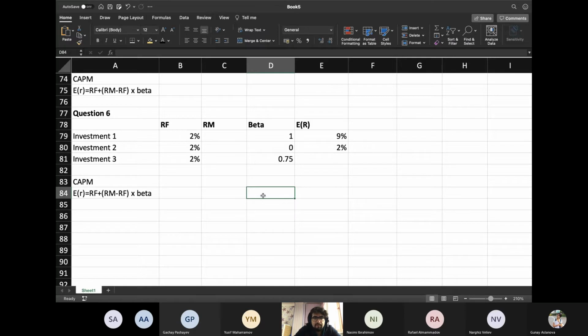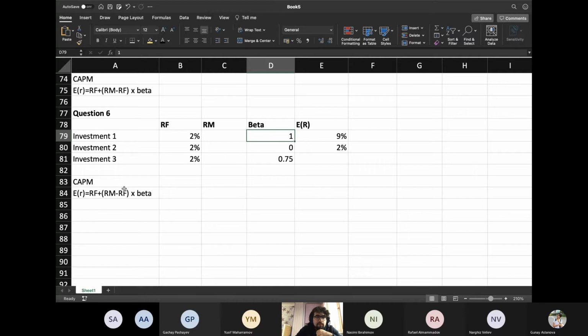Market rate. If risk-free rate is 2%, and beta is 1 in investment 1, then expected return is RF plus RM minus RF.